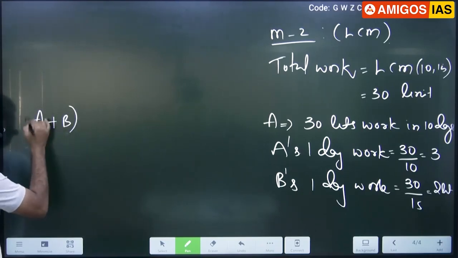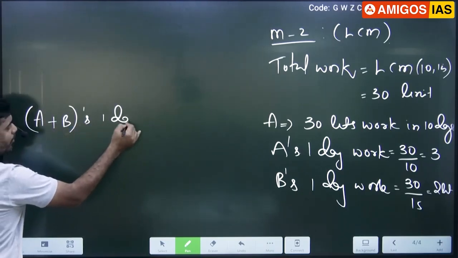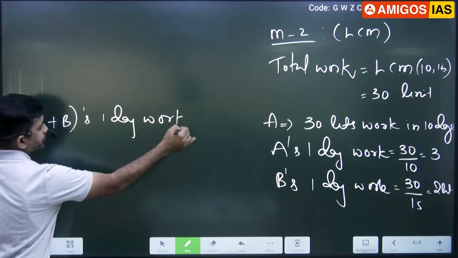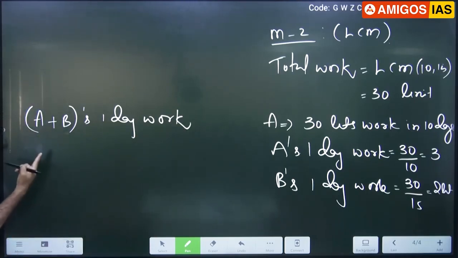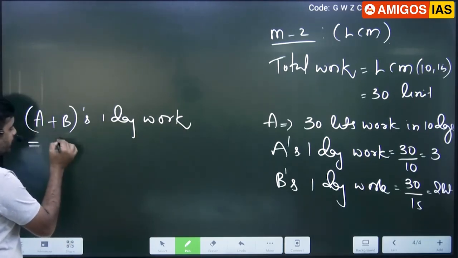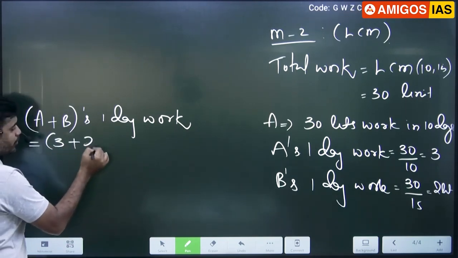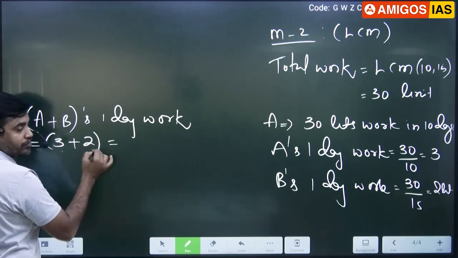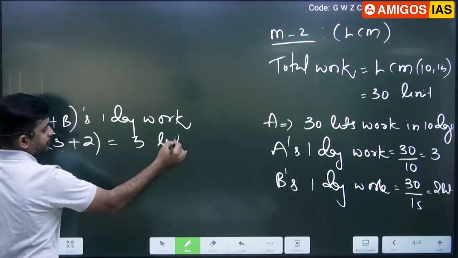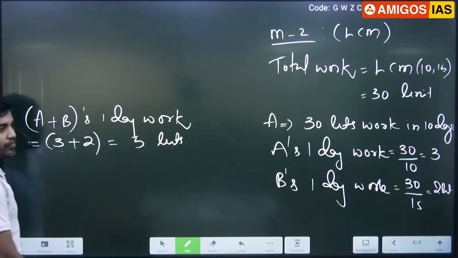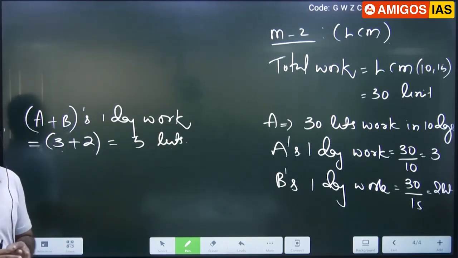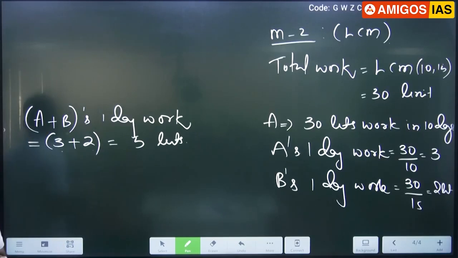A and B's 1 day work is equal to A doing 3 units, B doing 2. Total 5 units. Both can complete 5 units of work in a day.